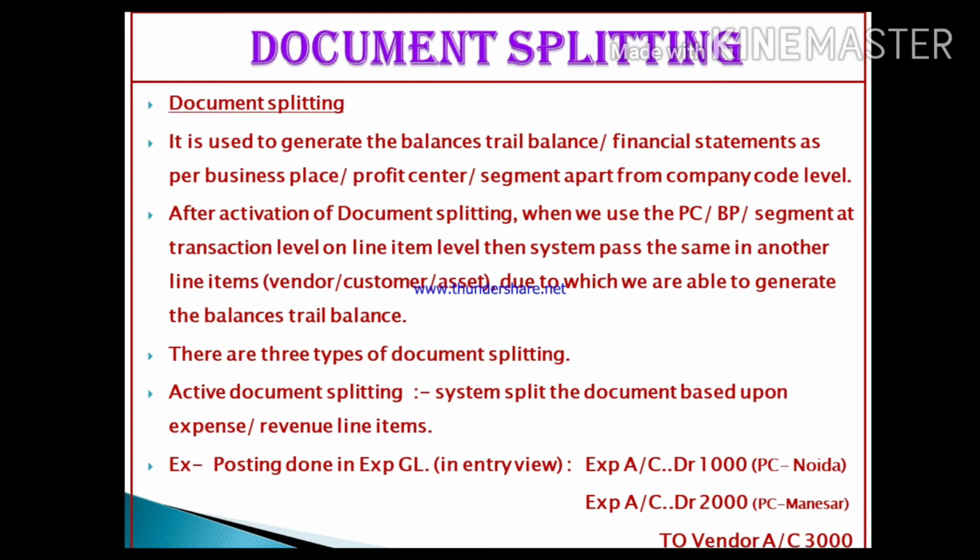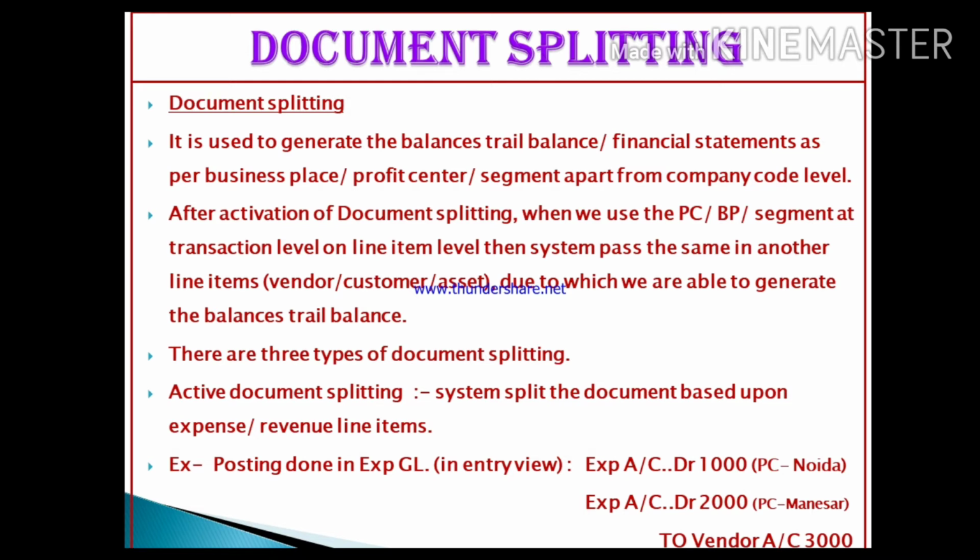Here you can see the profit center is not mentioned in your vendor line item. The profit center we can mention in the expense line item in the entry view of expense.